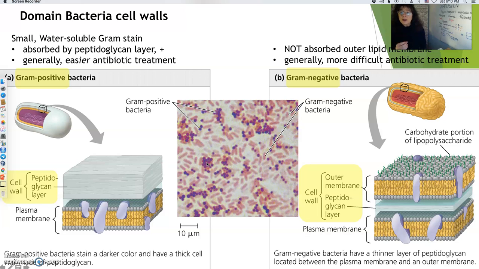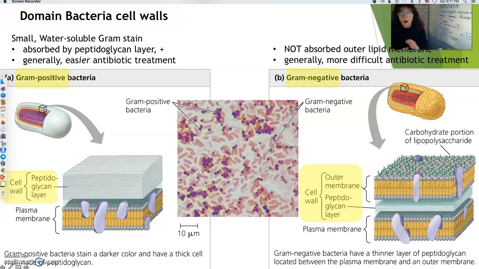And generally, when we see this water-soluble stain taken up with microbes, very generally, that can mean easier antibiotic treatment, because it will absorb water-soluble materials right in through the membrane. Not always, though, and that lends itself to multiple resistance factors and mutations.